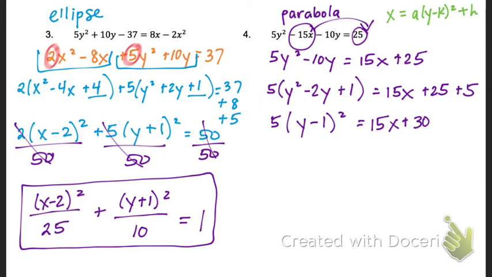So if I want to get x by itself here, like an x equals, what would I need to do? Subtract 30 and then divide by 15. I like this being on the left-hand side. I don't know, I'm just weird about that. So I'm going to rewrite this like this.